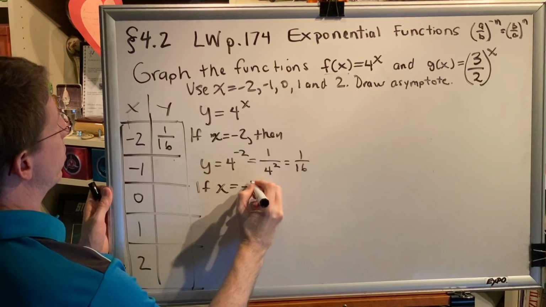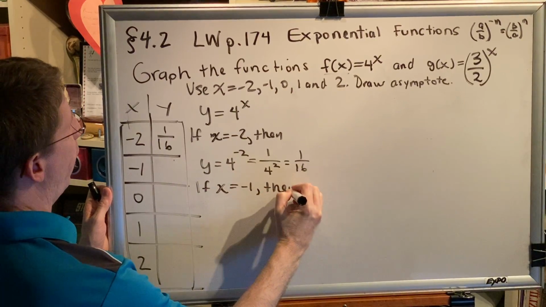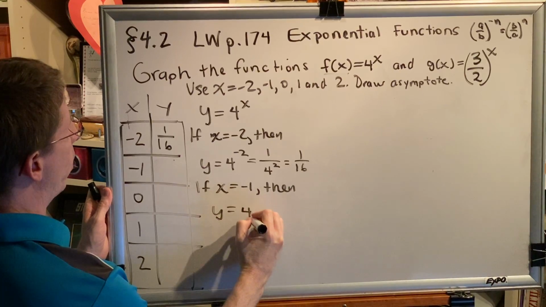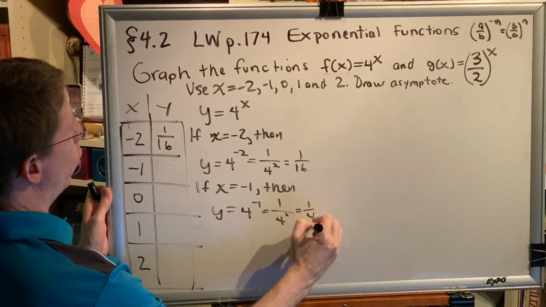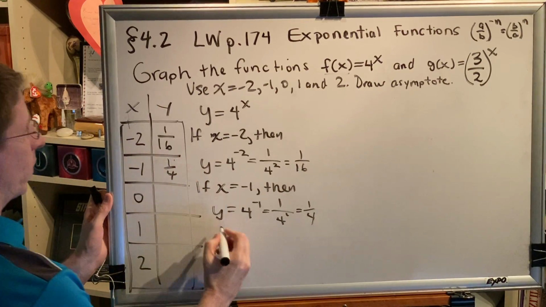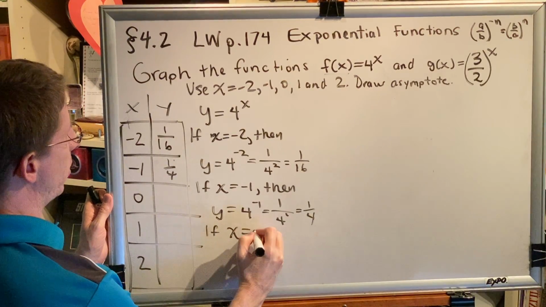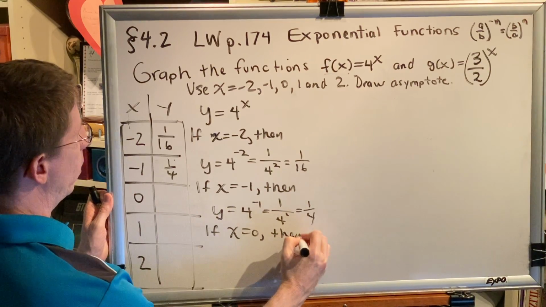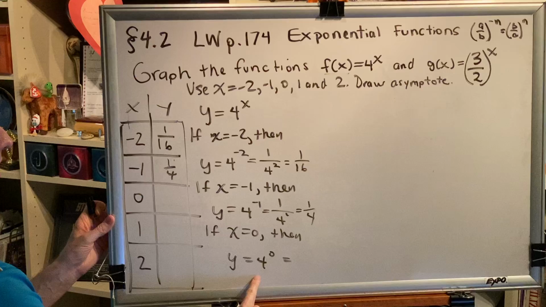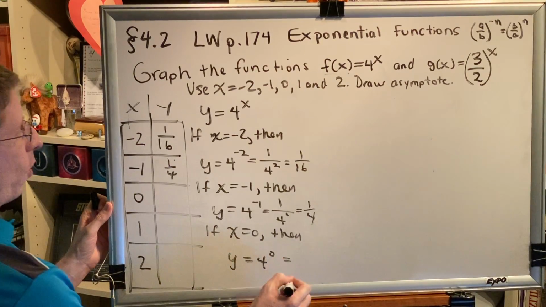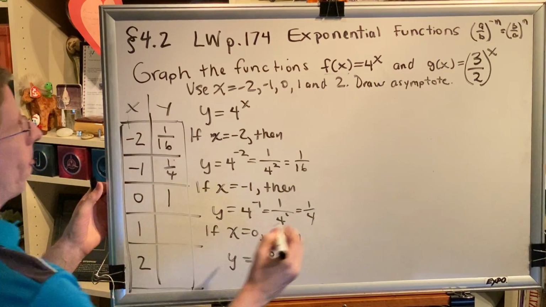If x equals -1, then y equals 4 to the -1, which is 1 over 4 to the +1, which is 1/4. If x equals 0, then y equals 4 to the 0 power. Any non-zero number raised to the 0 power is 1.